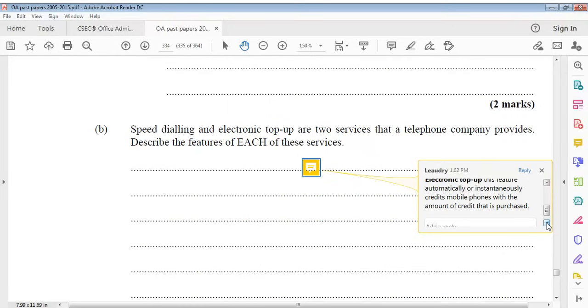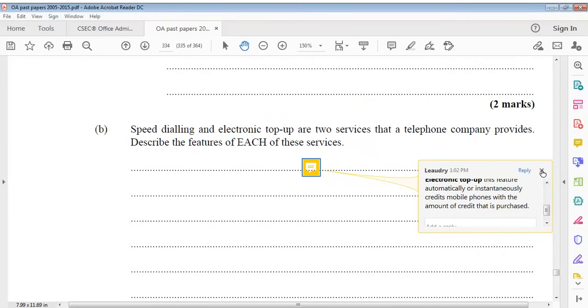And we're all familiar with this. When we buy credit from a store that uses a machine, automatically we get that credit, the amount that we purchase, to our telephone bill, to our mobile phones.